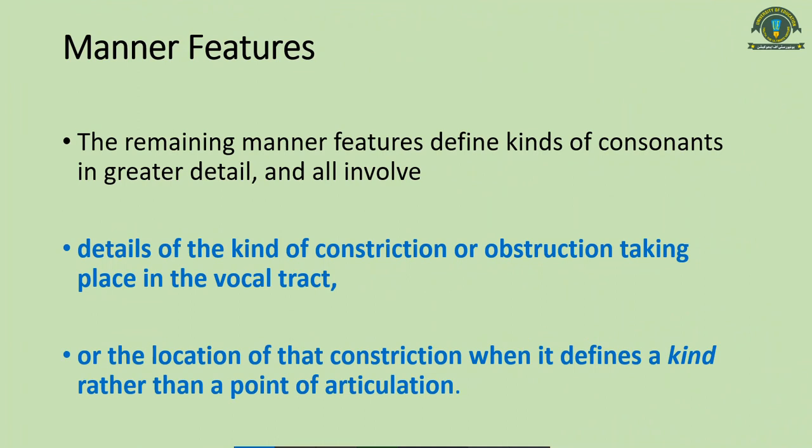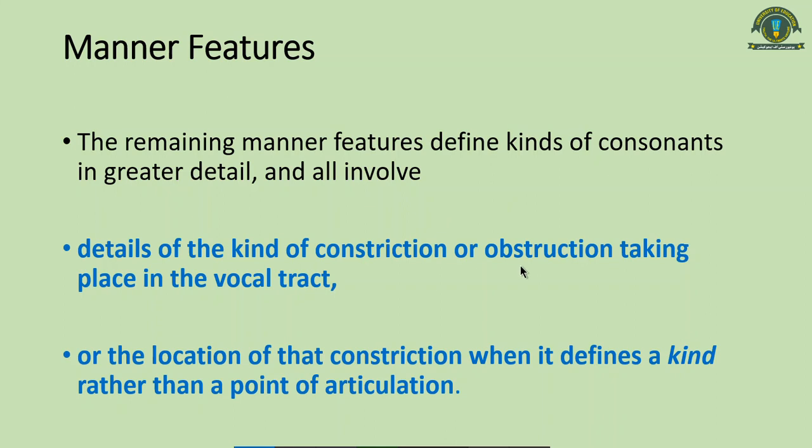Now the second category is that of manner features. In manner features, we define consonants in greater detail. Now, details of the kind of constriction or obstruction taking place.